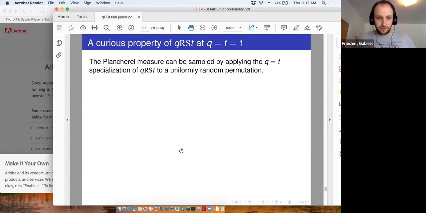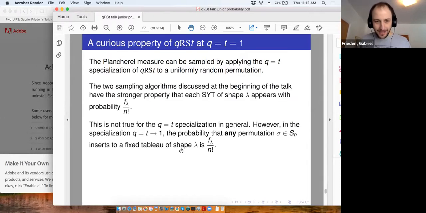So it follows from everything I've been saying that the Plancherel measure can be sampled by applying the q equals t specialization to a uniformly random permutation. But if we think back to the beginning of the talk, the 2 sampling algorithms from there have a stronger property that not only does the shape lambda appear with the Plancherel probability, but each tableau of shape lambda appears with probability f lambda over n factorial. So this is stronger than just sampling the shape with a certain probability.